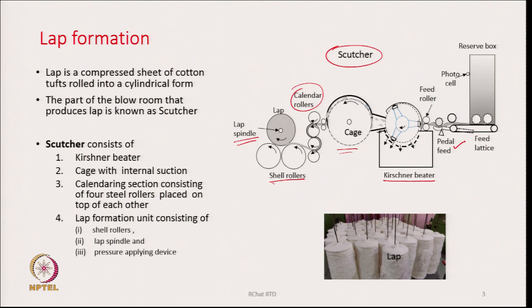The tufts are made to pass between the pedals and the pedal roller, but before that there is a feed lattice and there is a reserve box. The reserve box is basically a box in which there is a column of tufts which is ready for being processed by the Kirschner beater.